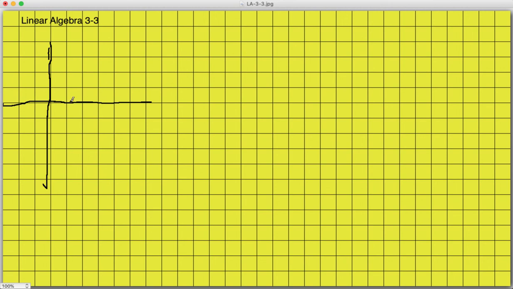So suppose I had a vector here like this, and that's, oh, I'm sorry, that's not 1, 3. That is 3, 1. And let's have this vector over here, which is 1, 2. Okay.